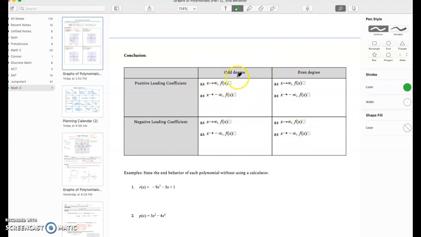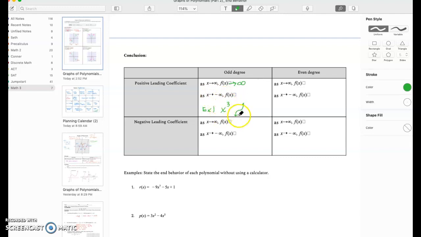So we can have an odd degree polynomial with a positive leading coefficient, which would be something like our parent function x to the 3rd. And so we know that for our parent function x to the 3rd, if I graphed it, it would look like this. So we would say on the right side of that graph, as x is going to infinity, the output is also going up to positive infinity.